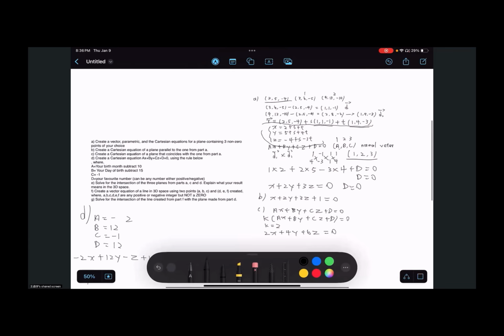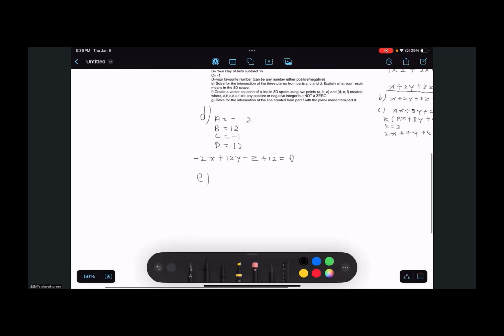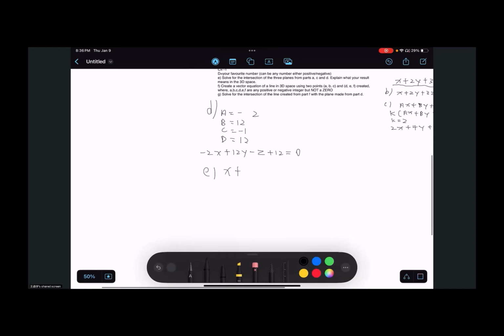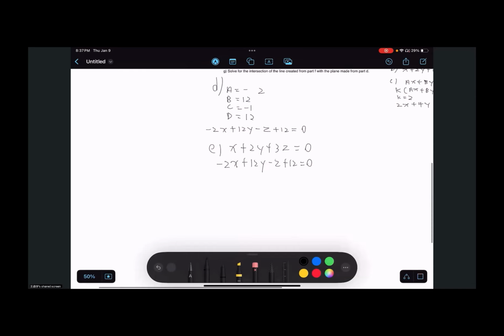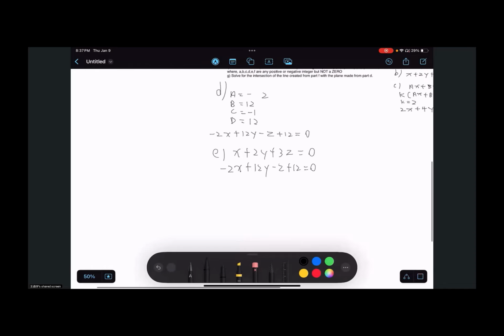For part A, our answer is x plus 2y plus 3z equals 0. And for part D, our answer is negative 2x plus 12y minus z plus 12 equals 0. So we need to find the intersection of the two planes.